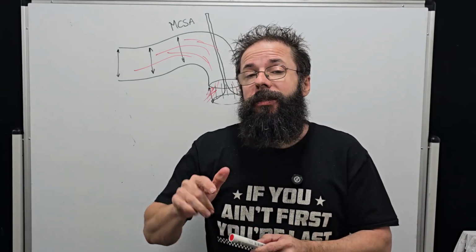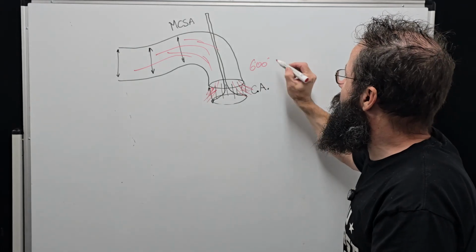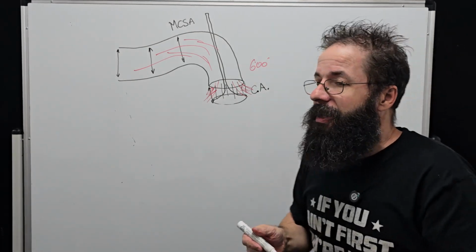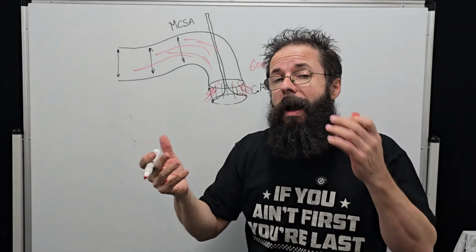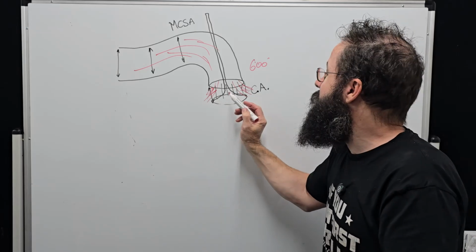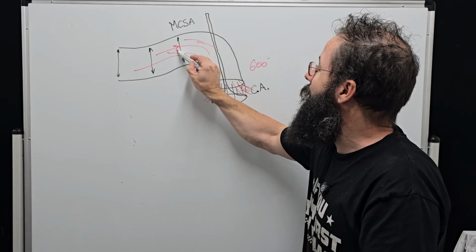But the problem is in the transition. So let's say we get to 600 thou, a Cleveland or something like that, 550, 600 thou, the head just turns to absolute crap. And the reason why is because our dynamic MCA now goes from this point to bam, way up here.